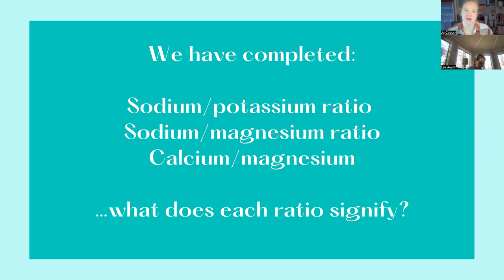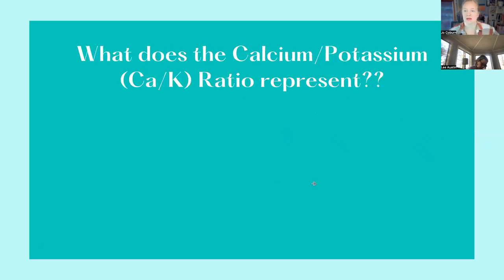That is the stress vitality ratio. Sodium magnesium is going to be the adrenals. Calcium magnesium is going to be glucose and cardiovascular. So then what is the calcium potassium ratio? What does that represent? That represents the thyroid.